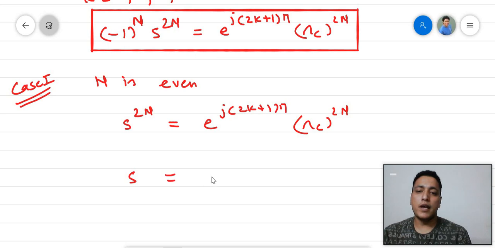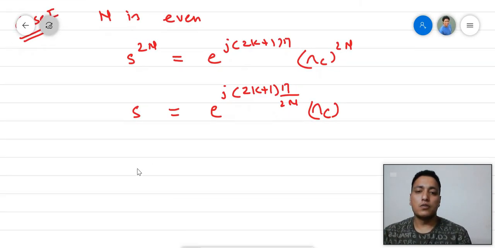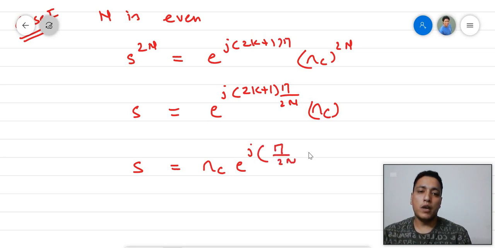Then we can find out s as exponential j 2k plus 1 pi by 2n omega c. So if we rearrange this equation, it will give omega c exponential j pi by 2n plus k by 2n.